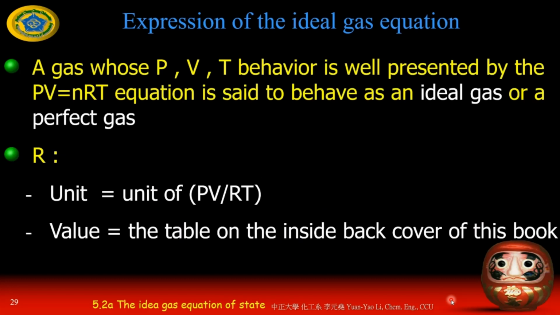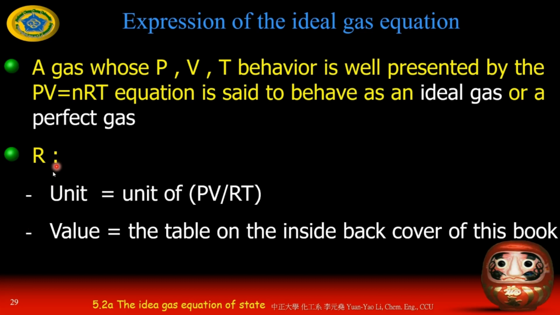Again, a gas whose PVT behavior is well represented by the PV equals nRT equation is said to behave as an ideal gas or a perfect gas. We always regard it as an ideal gas. What's R?